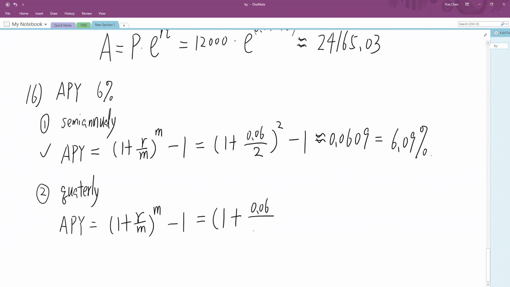The M is different. Now M equals what? 4, because it's quarterly, right? 4 quarters a year, so it's 4. So here's 4. Minus 1. Let's keep the 3 decimals for the percent. So we needed to have 0.06136, which is 6.136%. So how many decimals depends on the problem, okay?